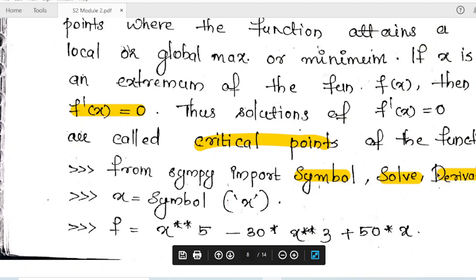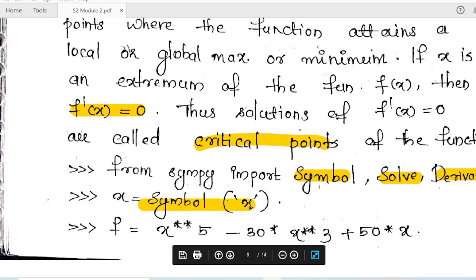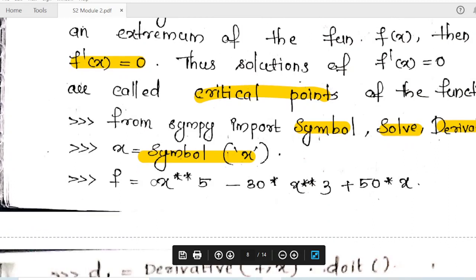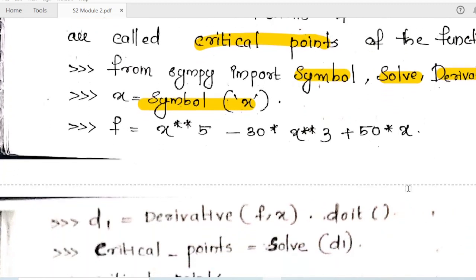These are the functions we are importing. x is equal to symbols x, because we are going to consider a function in terms of x, and x is a variable here. F is equal to x**5 minus 30*x**3 plus 50*x. That means x raised to 5 minus 30 into x cube plus 50x. This is our function f.